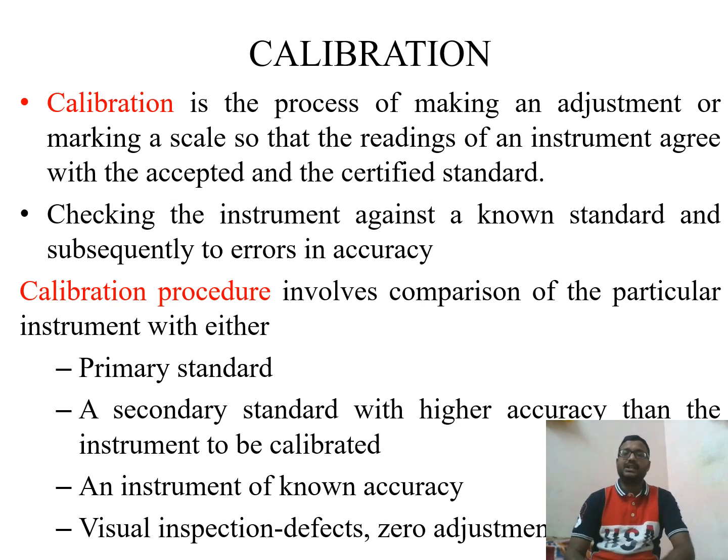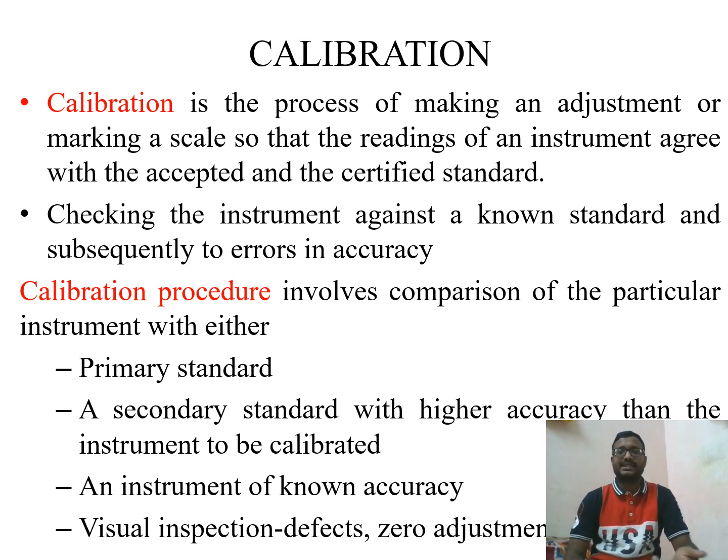The calibration can also be divided into two types: one is static calibration and the second is dynamic calibration. Static calibration is defined as the calibration which does not vary with time constant.